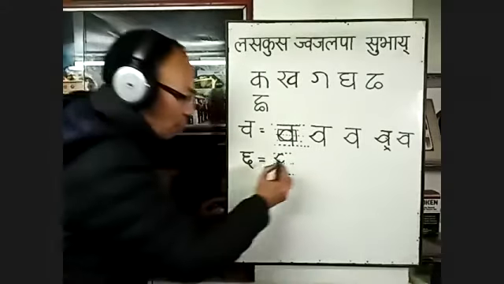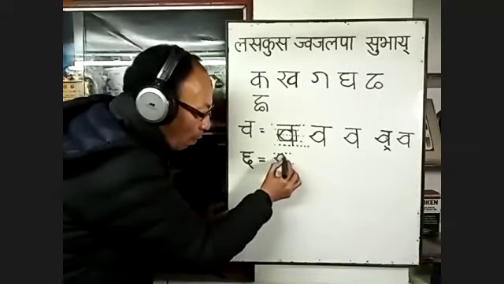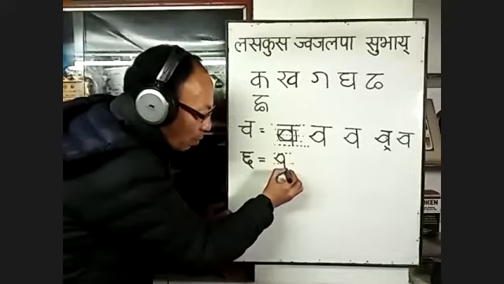Then what you do is draw a line from here up to down, a line from here up to down.